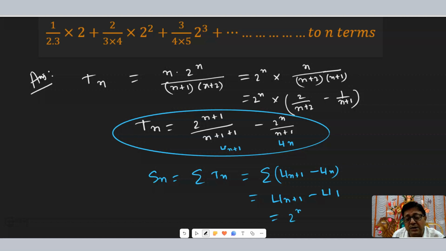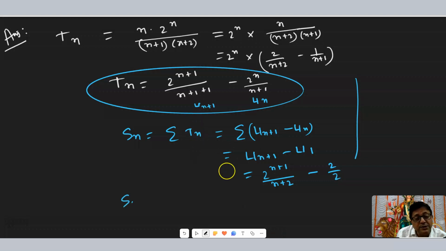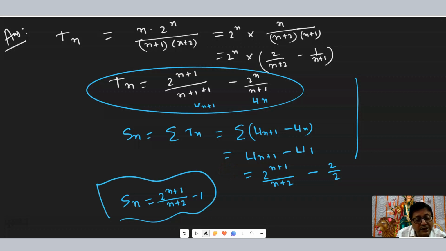Quite obvious. 2 to the power n plus 1 by n plus 2, minus u1. What is u1? Just put n equal to 1. 2 by 2. That is 1. So Sn is going to be, for this complicated series also it was telescoping, and the sum is 2 to the power n plus 1 by n plus 2 minus 1.